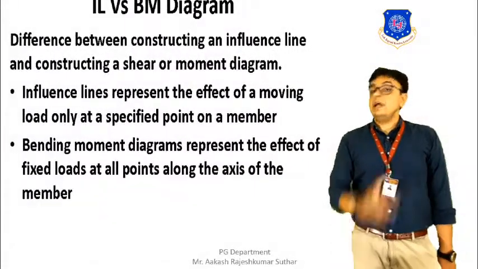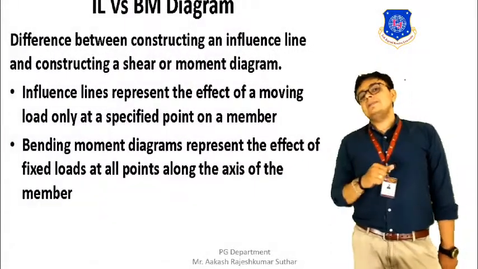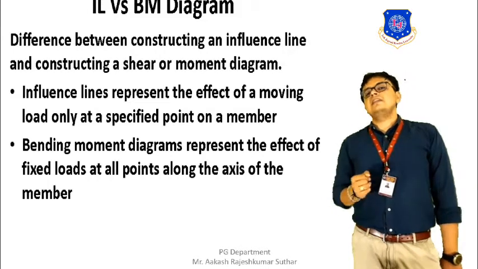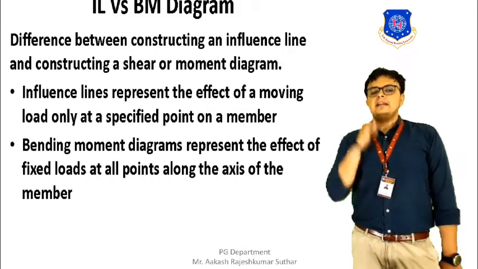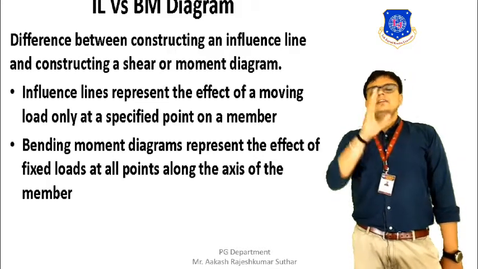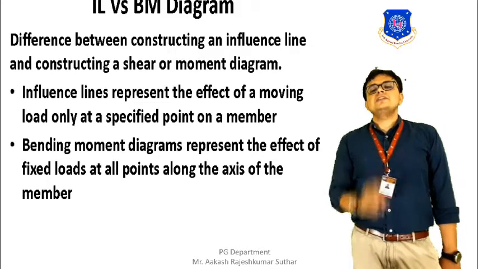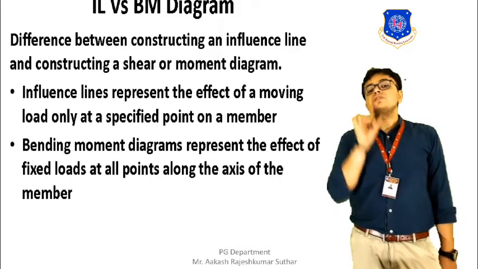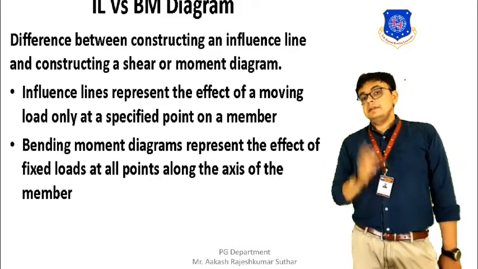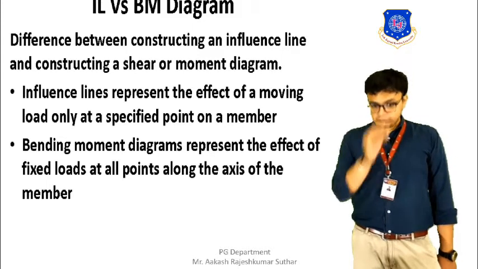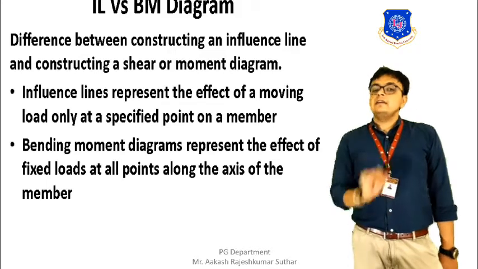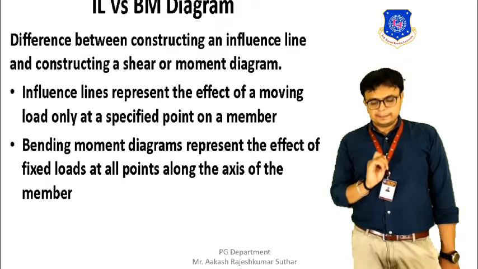Okay. Now, a question may arise: what is the difference between the influence line diagram and the bending moment diagram? Basically, the influence line represents the effect of the moving load only at a specified point on a member. It means when the load is moving and we want to find its effect on a particular specified point, we can get it from the influence line diagram.